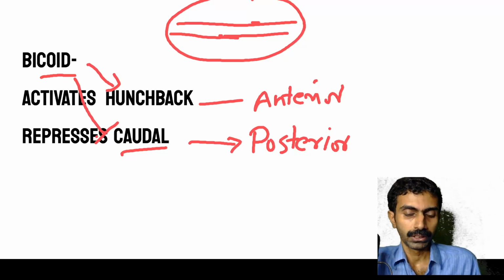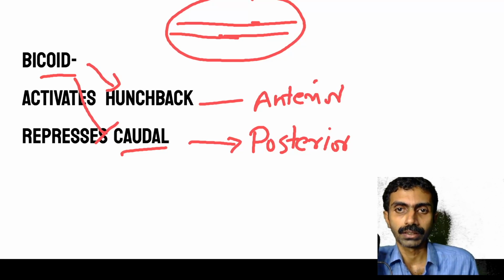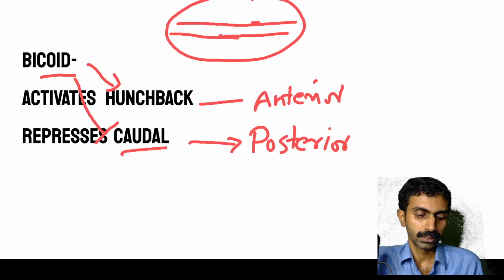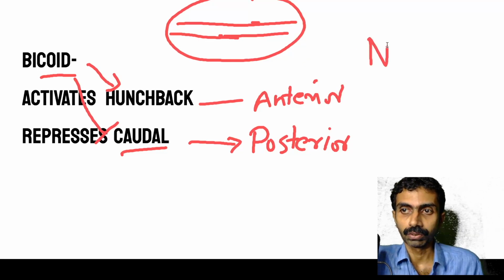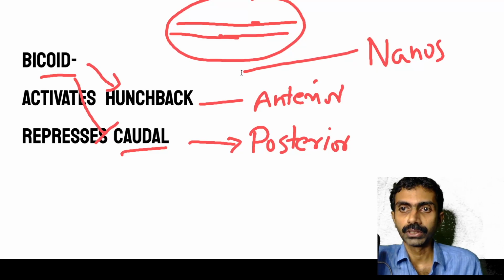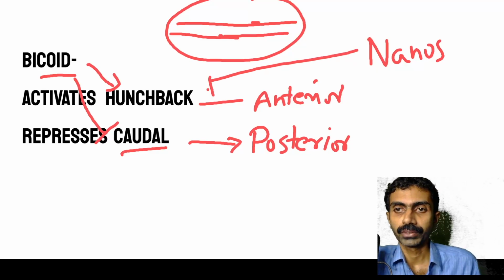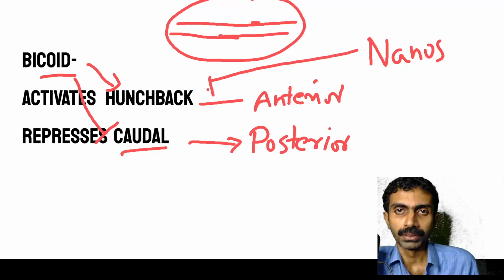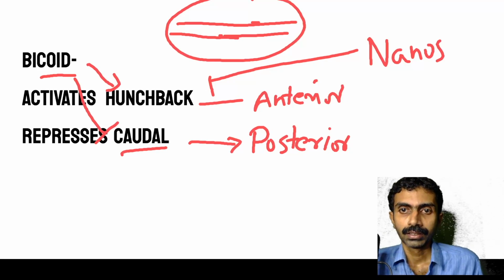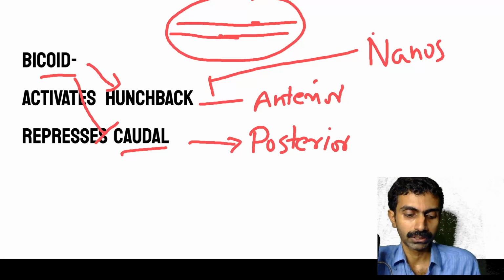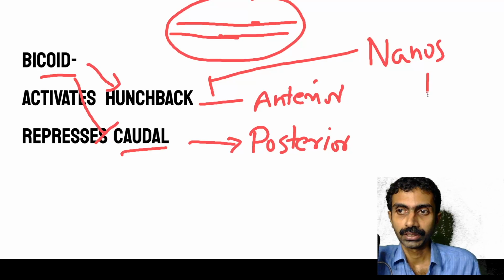That means caudal will not be functioning in the anterior region. Another thing is there is another gene called nanos. Nanos inhibits hunchback. Nanos is usually present in the posterior side.